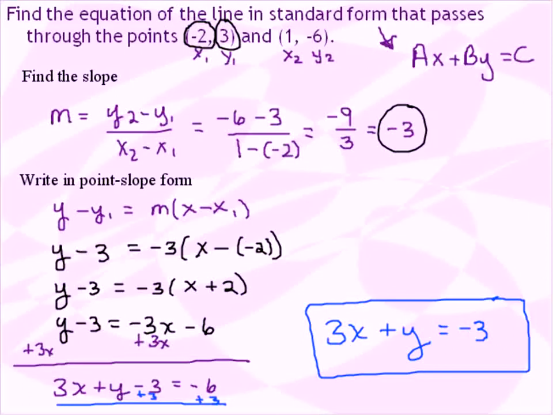Okay, so when we wrote it here, this was point slope, and then we rearranged it to get it in standard form. All right, if you need to pause, you can do that. We're going to look at 3 more problems.